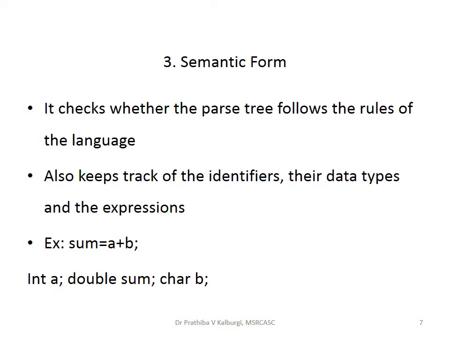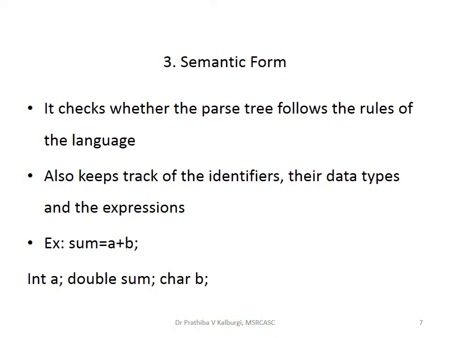So for example, we have sum is equal to a plus b, and then we are going to define the data types for the three variables, that is int a, double sum, and character for b.